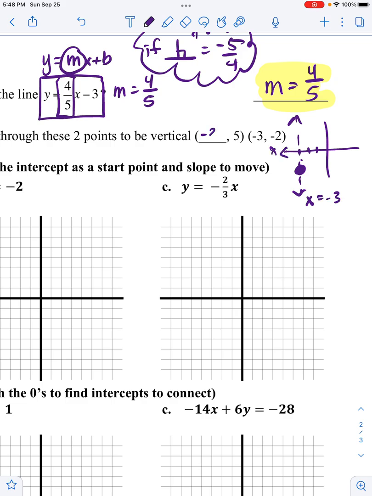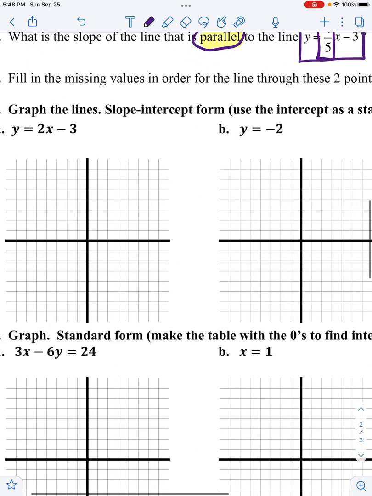So this has to have an x value of negative 3, just like the other one. So if I went negative 3 up 5, and negative 3, negative 2, I end up on that same vertical line. Because vertical lines have x equals a number, and horizontal lines are y equals a number.